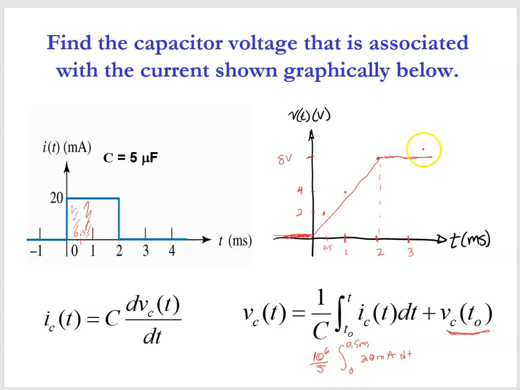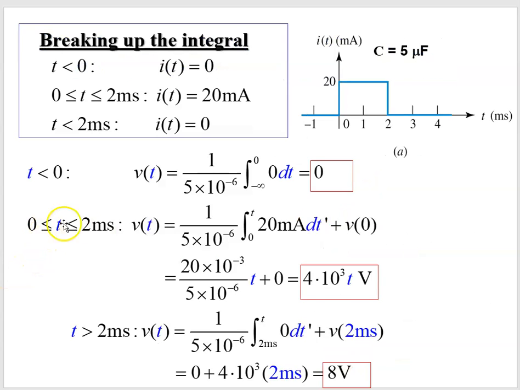So we could analyze that just graphically, or we could take it and break up the integral into its intervals. At t less than 0, we said it's equal to 0. From 0 to 2 milliseconds is 20 milliamps. At t greater than 2 milliseconds, it's equal to 0 again.